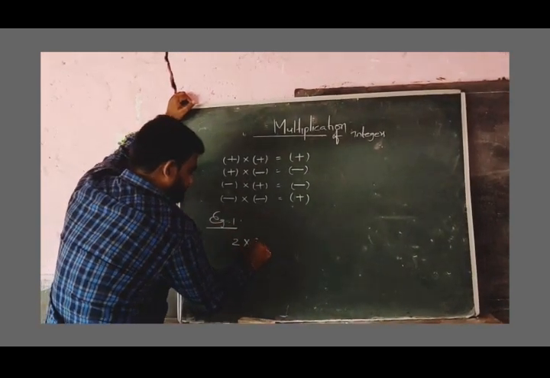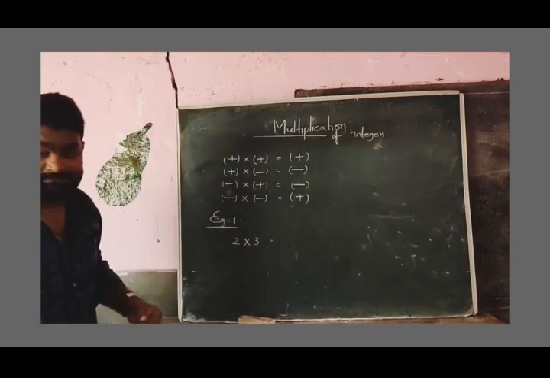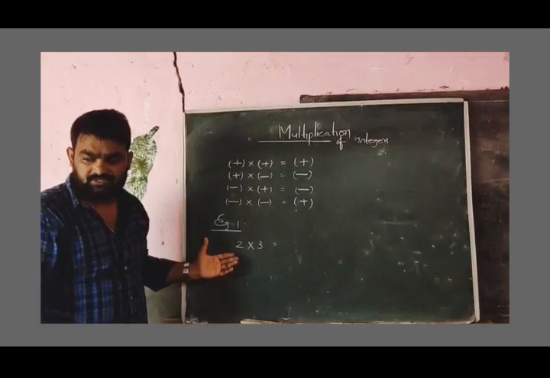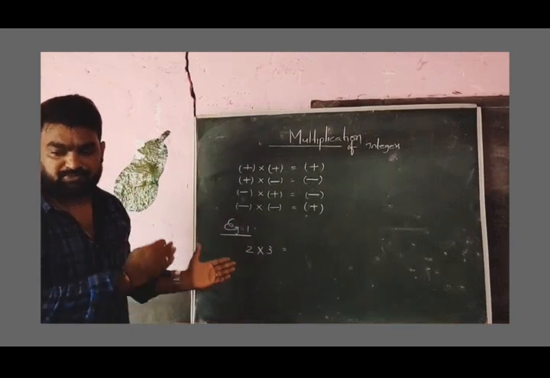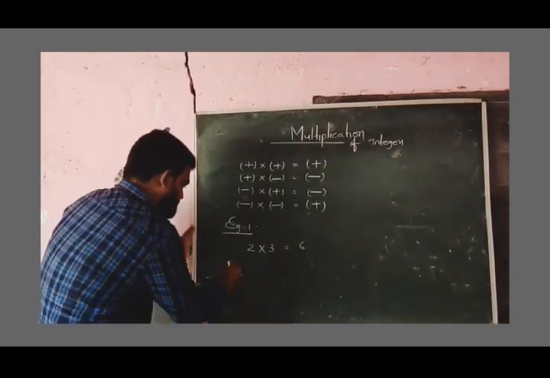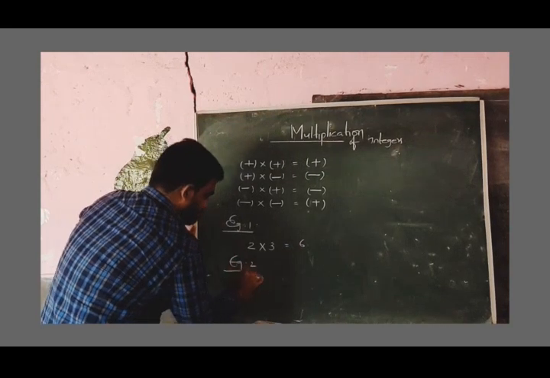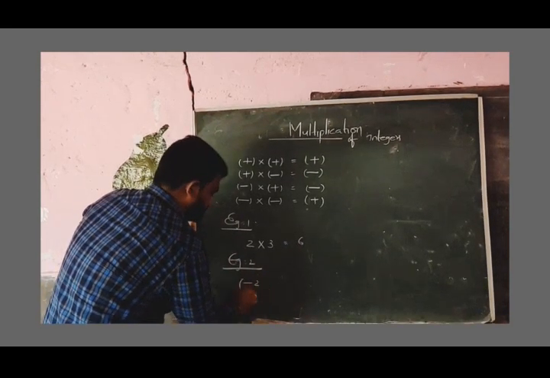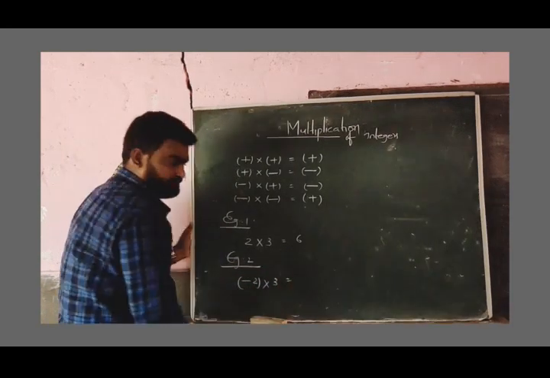So now example 1: 2 into 3. 2 positive, 3 also positive. So plus into plus is plus; 2 threes are 6. Second example, minus 2 into 3.